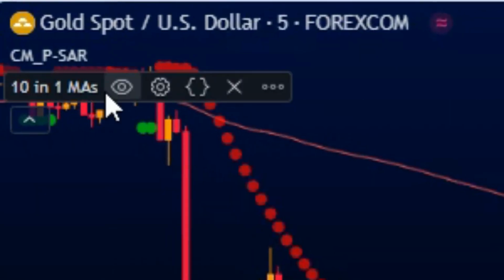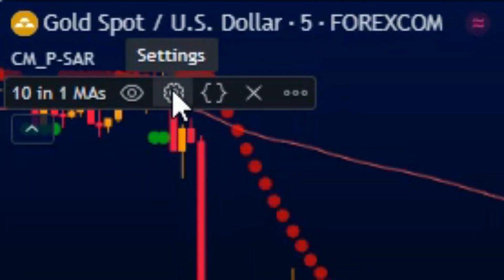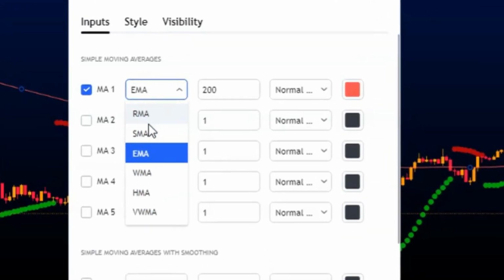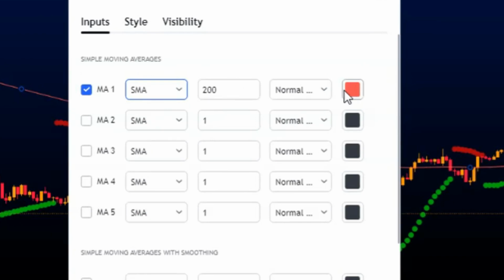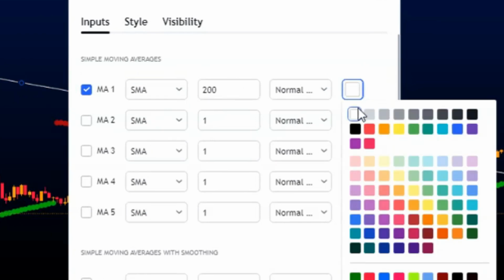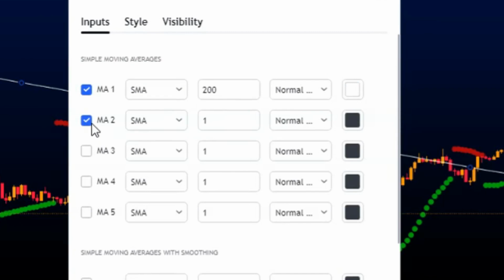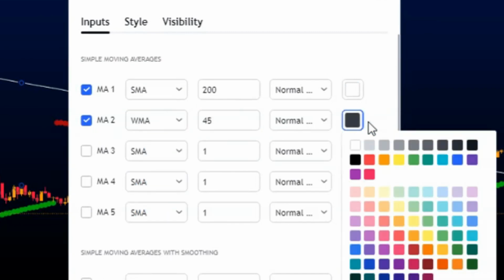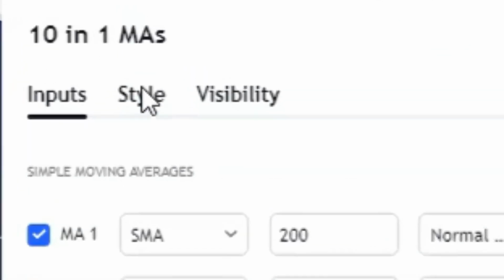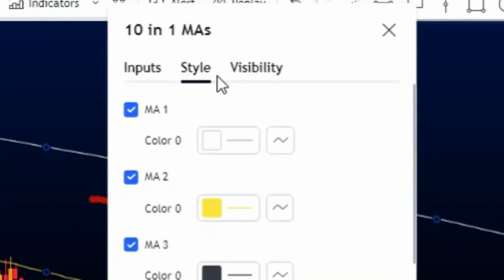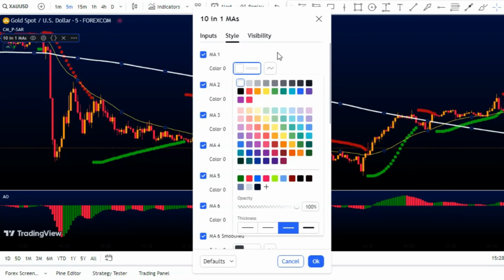Then to optimize the indicator, I gotta set MA1 to SMA and period to 200. Then activate MA2 and set it to WMA and period to 45. Then in the style section, I can customize the indicator's appearance however I want.